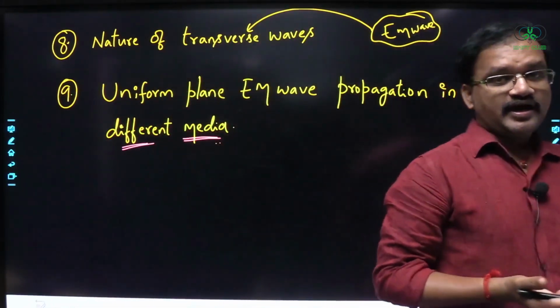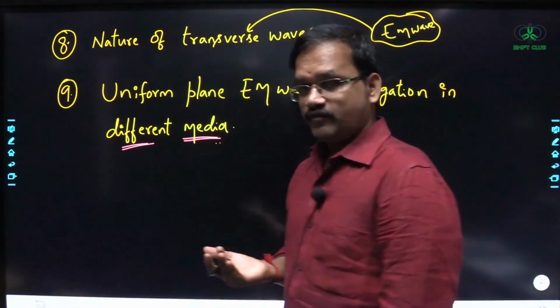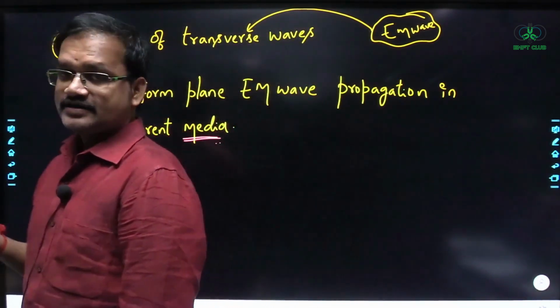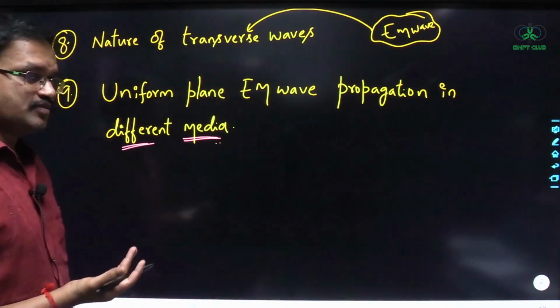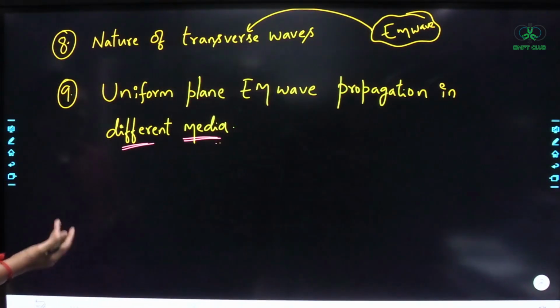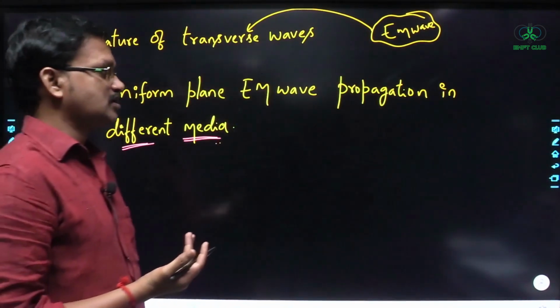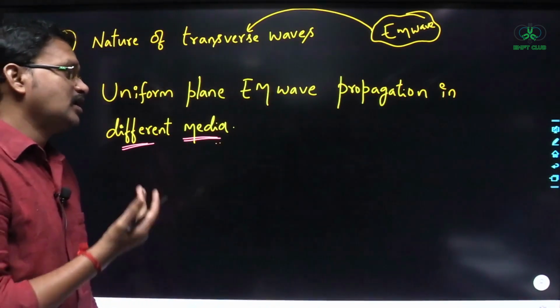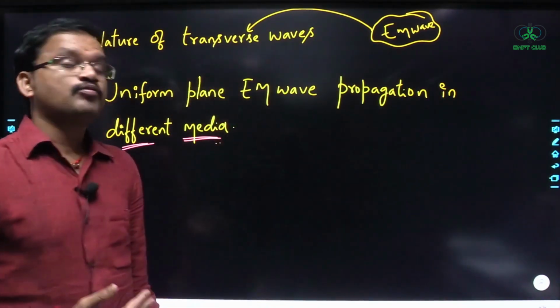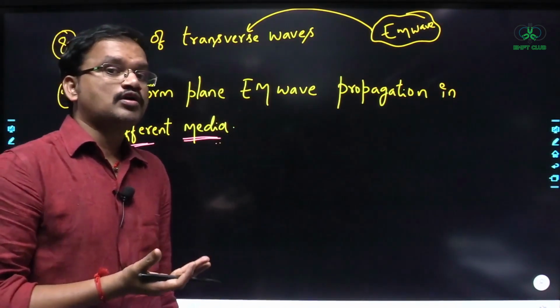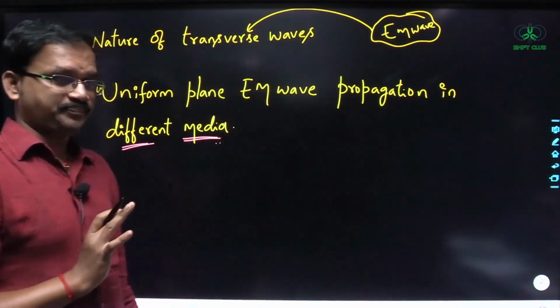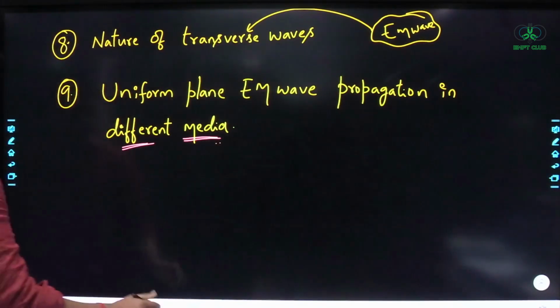How the propagation characteristics of the electromagnetic wave are going to change as we change the medium. Understood? So that's what we are going to study here, right? So this is the 9th topic.